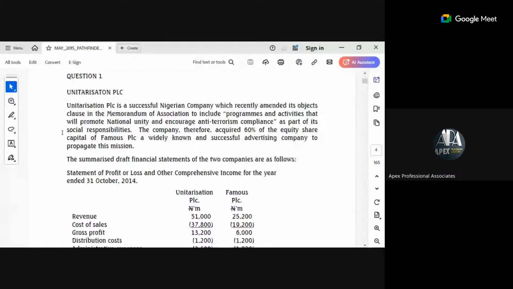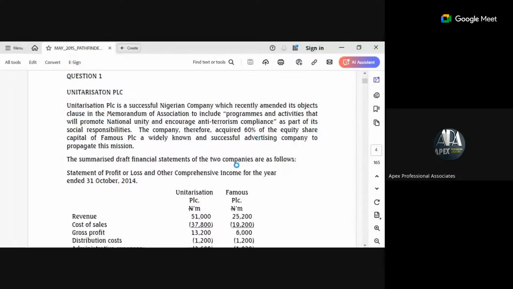So from this question, if we were to get the group structure, we have 60% and 40% of the subsidiary. That's what the group structure would be. So the parent has 60%, the subsidiary has 40%.